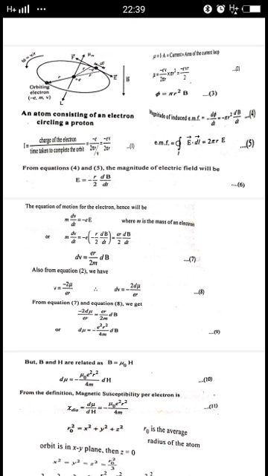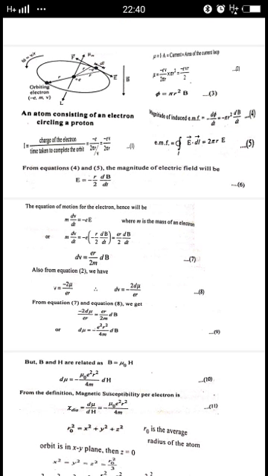This revolving electron is equivalent to a closed current loop carrying current I, which is given by I equal to the charge of the electron divided by the time taken to complete the orbit. The charge of an electron is minus e, and the time taken to complete one revolution is 2 pi r by v. So we get I equal to minus ev upon 2 pi r. We give it equation number 1.